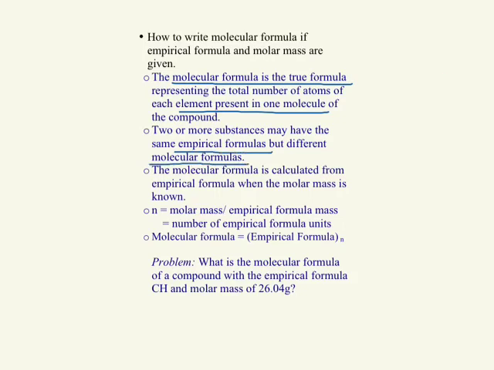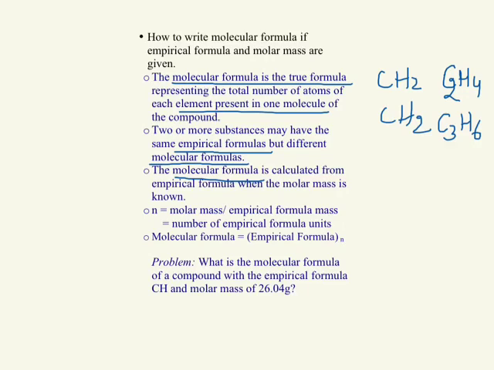For example, I took this example on the last slide. These are two different compounds, so two different molecular formulas, but both of these have the same empirical formula. How do you find out the molecular formula? For that, first you need to know the empirical formula.